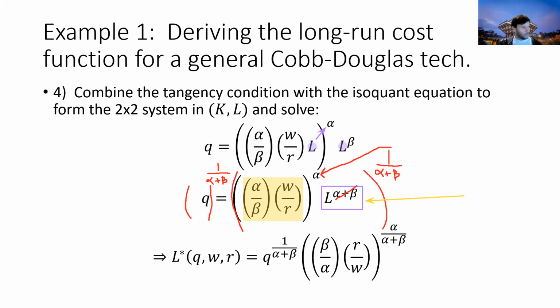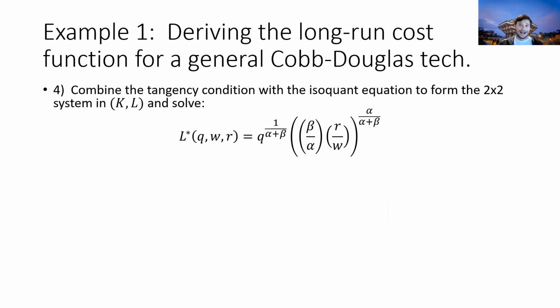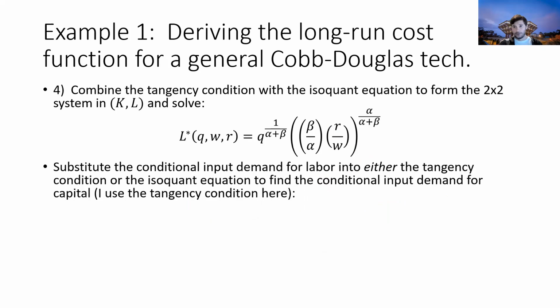Now, once we have our input demand for labor, I can take that and plug it into either the tangency condition or the isoquant equation. Remember, they both cross at the solution. So I can plug L star into either one, and that should give me K star. I'm going to use the tangency condition.